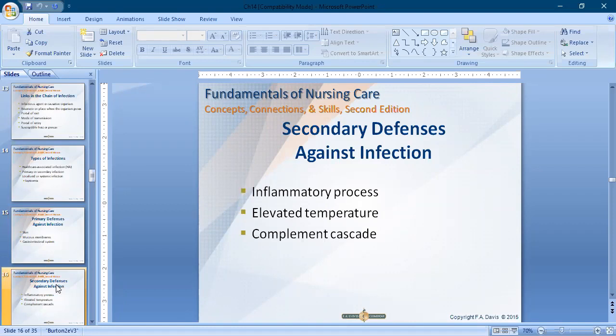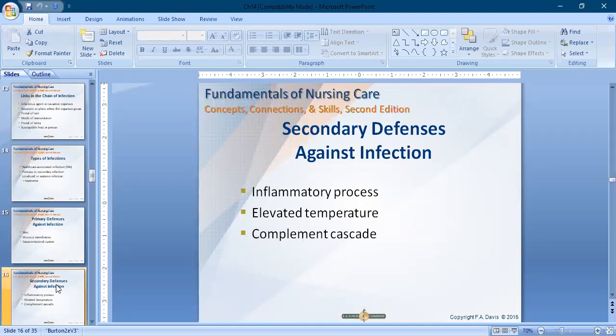Then the secondary defense mechanism, against the pathogen or infection, is our body's inflammatory process. When a pathogen attacks, the body produces antibody against the antigen. When the antigen enters the body, the body produces antibody, and the antigen-antibody reaction occurs, right?